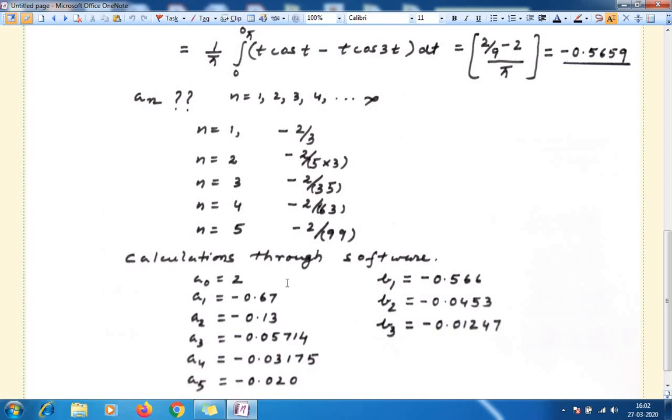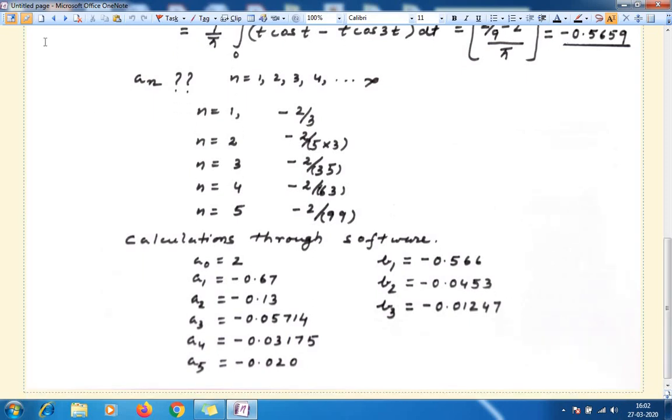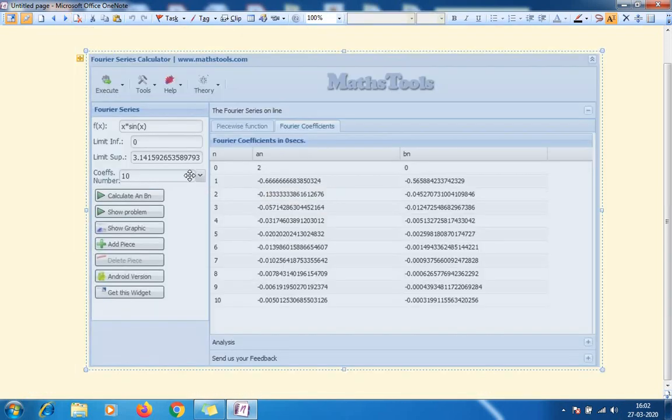Once it matches with the software calculations, you can be sure that your procedure was correct. These are the values calculated through software, and they were well within limits, so you can be sure that your procedure is correct, and the general term that you have established is okay.